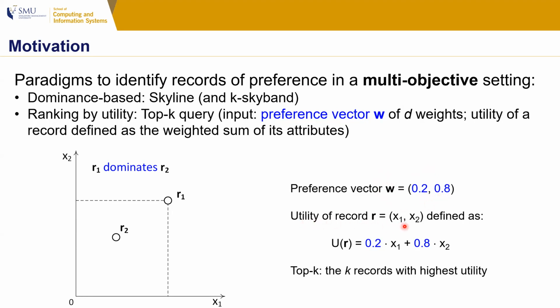Now, each record in our data set, as I said, has two attributes and is now associated with a utility score, or a utility value if you may, that is equal to the weighted sum of its attributes. This way, every record is associated with a utility score, and therefore we can rank them and just keep the top K to present them to the user. This is the standard top K query.